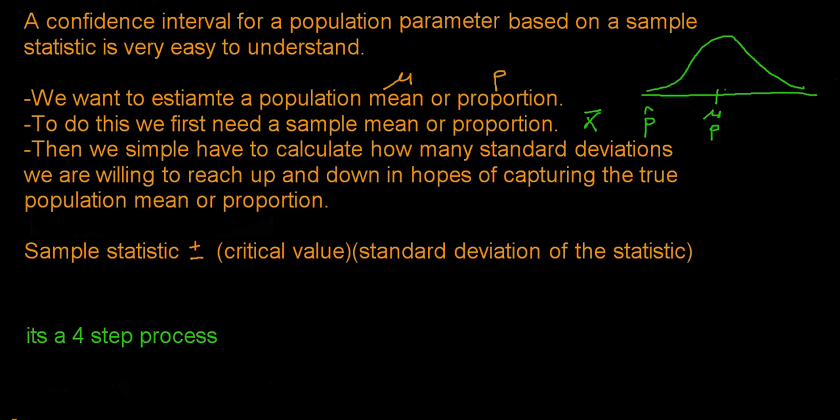And we understand that some samples could be a little higher and some samples could be a little bit lower. So if we were to grab one of those random samples, like right here, maybe this is our x bar or our p hat, but notice, because of variability, that is not matching up exactly with what's true.